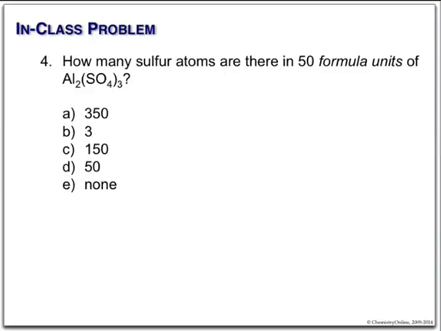That means for every 2 aluminums, we have 3 of these guys. So, in every one of these units, we have 3 sulfurs and 12 oxygens in every one. Therefore, if we have 50 of them, and there are 3 in every one, we have 150.